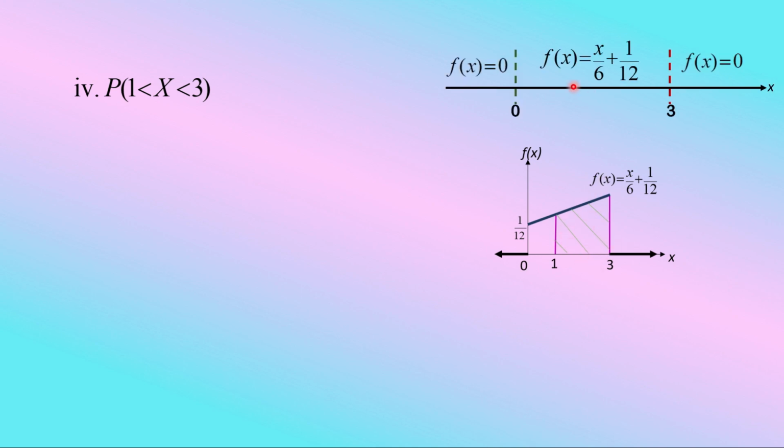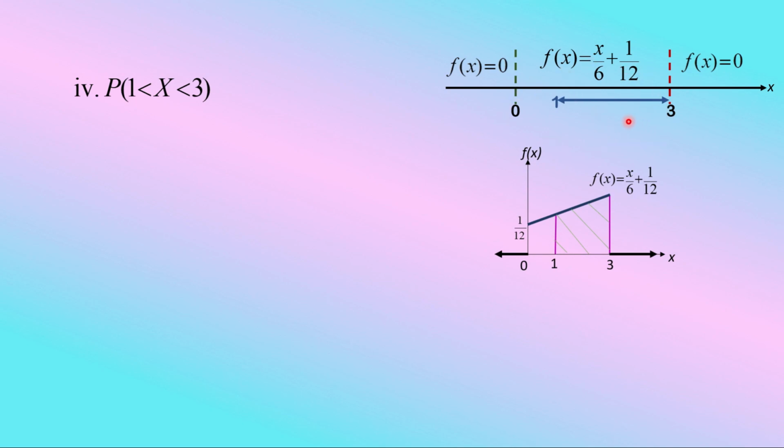Find the probability x between 1 and 3. The graph shows the area under the curve, or probability, x between 1 and 3. So from the real number line, we can see that the blue arrow is in the interval 0 to 3 only.